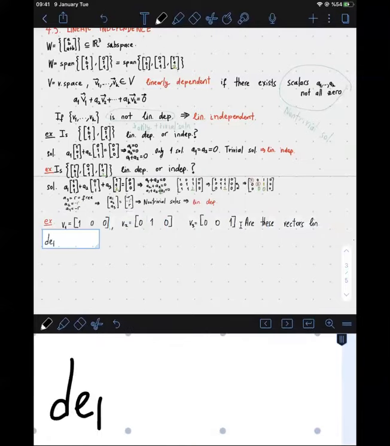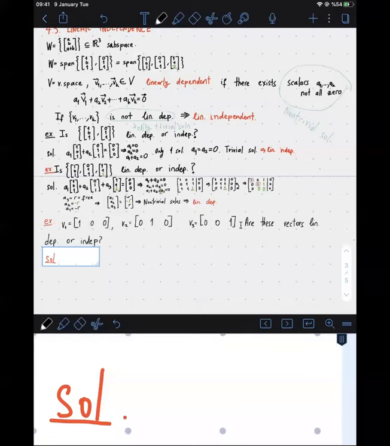Okay, let's look at the solution. We look at this linear combination: a1 v1 plus a2 v2 plus a3 v3, and we equate this to the zero vector. These are vectors; sometimes I forget to write the vector symbol, but it should be clear from the context.